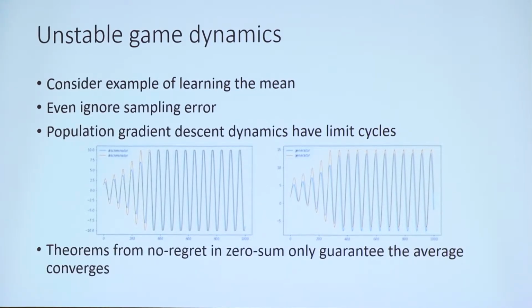And this is no surprise because, as theoreticians, we know from no-regret learning in zero-sum games that the theorems really only guarantee that if you try to solve zero-sum games with no-regret learning, it's only the average of these strategies that converges to an equilibrium. It's not the last iterate. It could be the case that at no point the generator had really the true distribution, but if you average over these parameters of the generator, you actually get back the correct distribution.